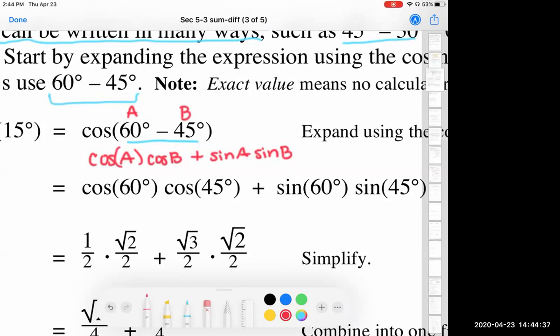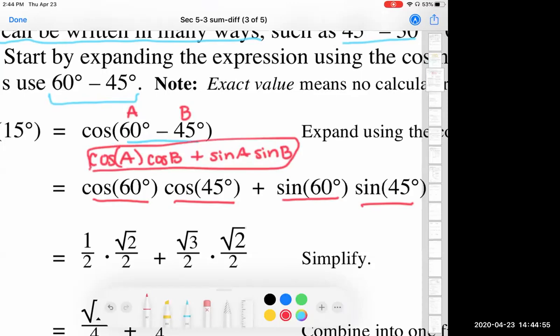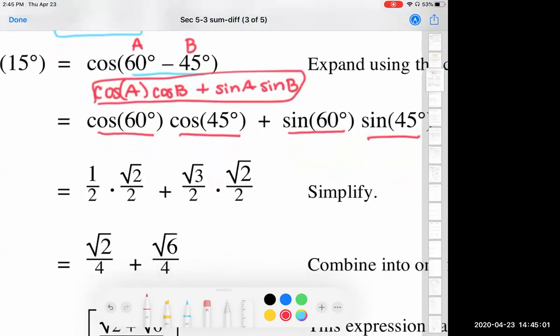So if 60 is A and 45 is B, we're going to make those adjustments. So I have cosine of 60, which is my A, cosine of my B, which is 45, plus sine of my A, which is 60, and sine of my B, just like we have above, right? We're just filling in those A's and B's. Now you want to take a look at your unit circle and see what values that holds true for.